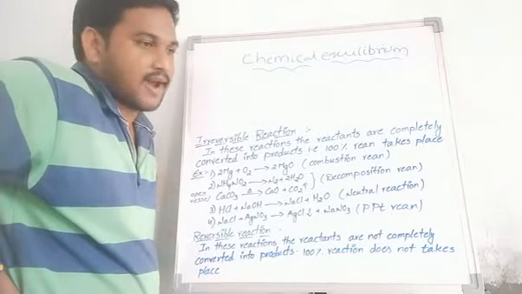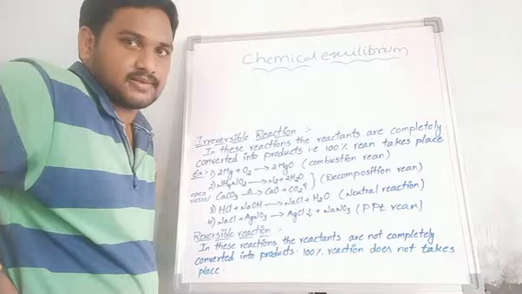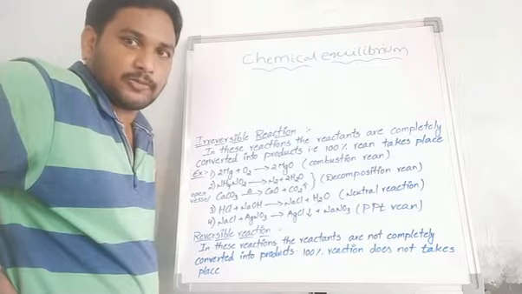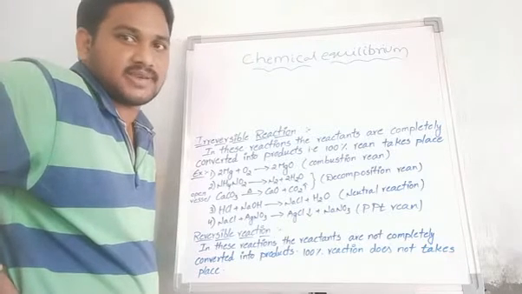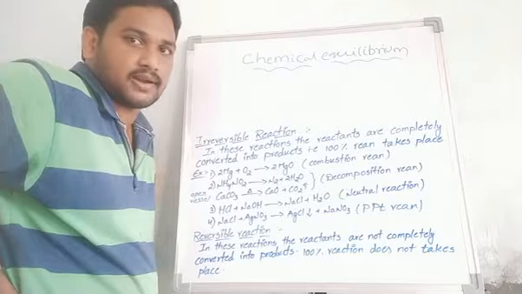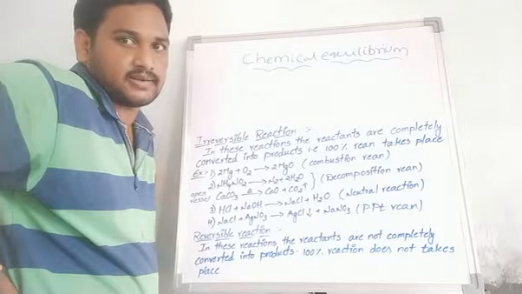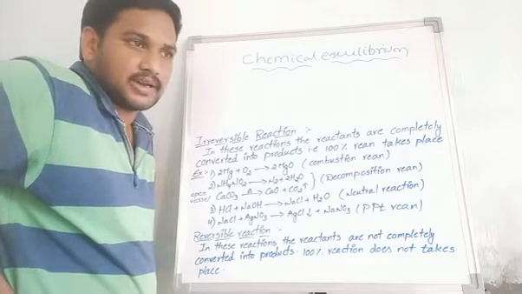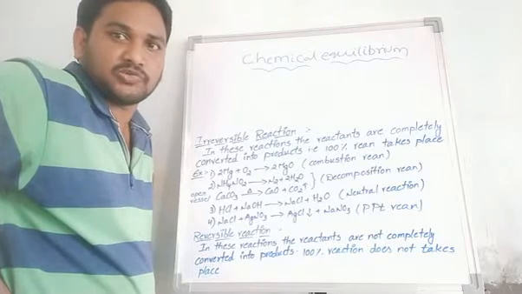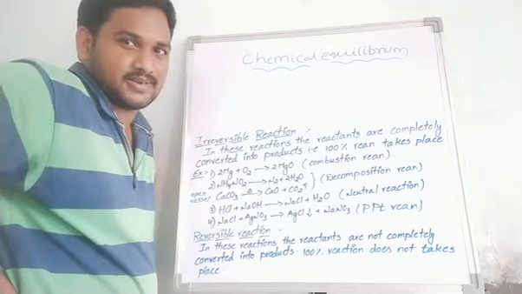Reactants start the chemical reaction, and the product is the formation of product in a chemical reaction. That is the completion of the reaction, which is indicated by the product. Right or wrong?